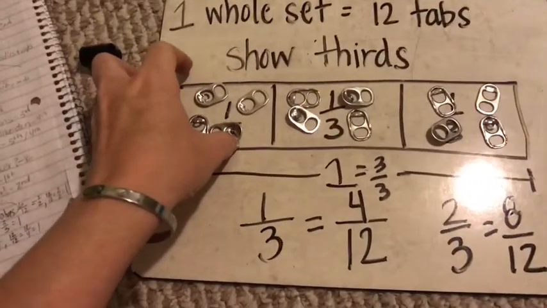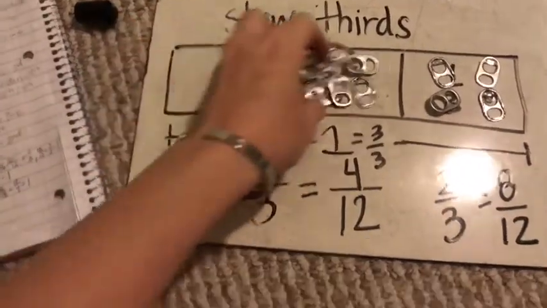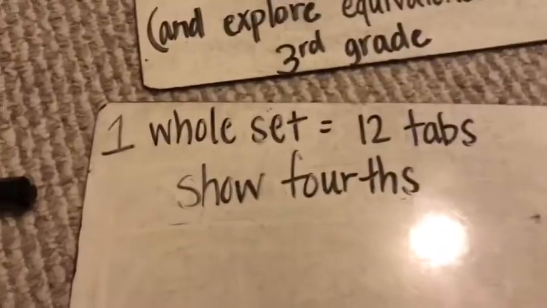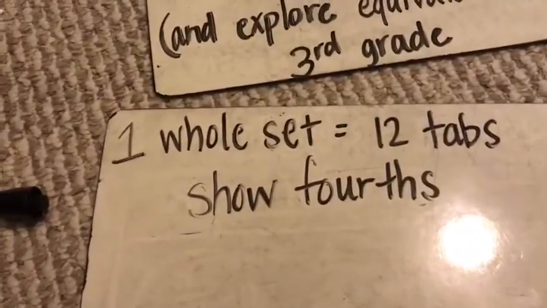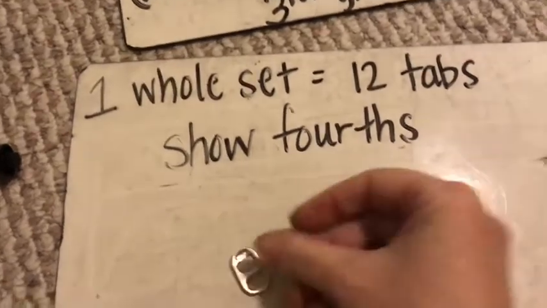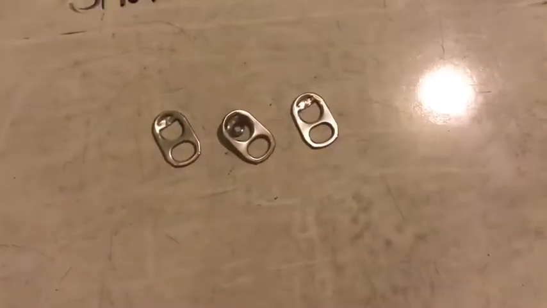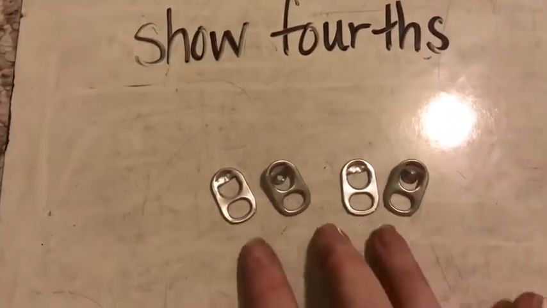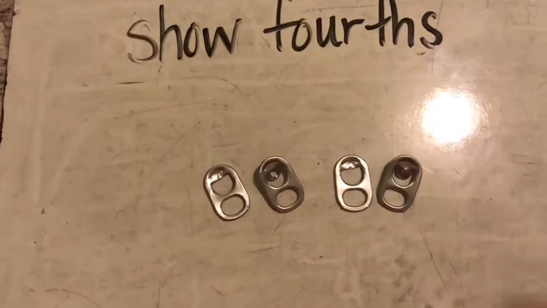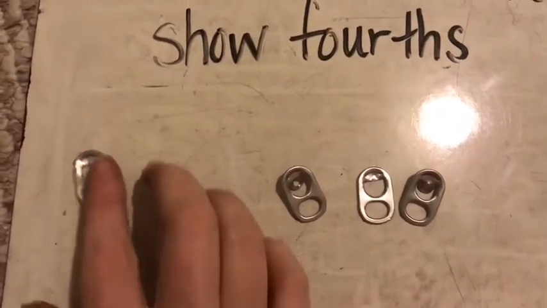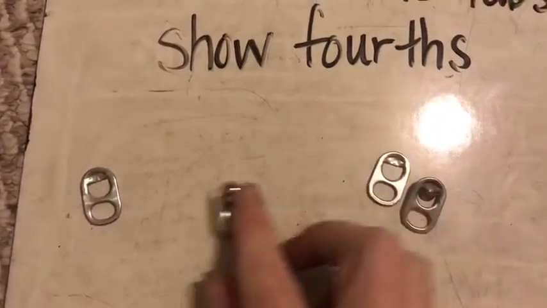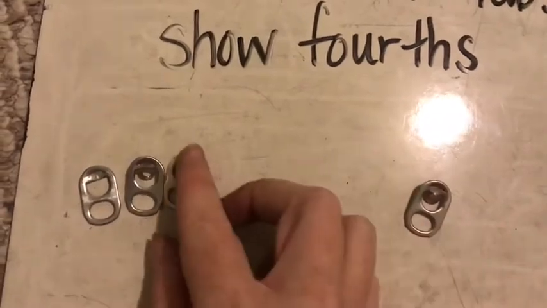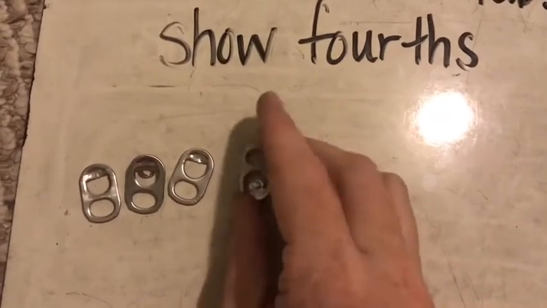All right, let's try one more. Let's just try fourths last. I'll also show you, if the whole set wasn't 12, say that you were showing fourths of this set, then 1/4 would be right here, 2/4 would be here, 3/4 would be here, and 4/4 would be here.